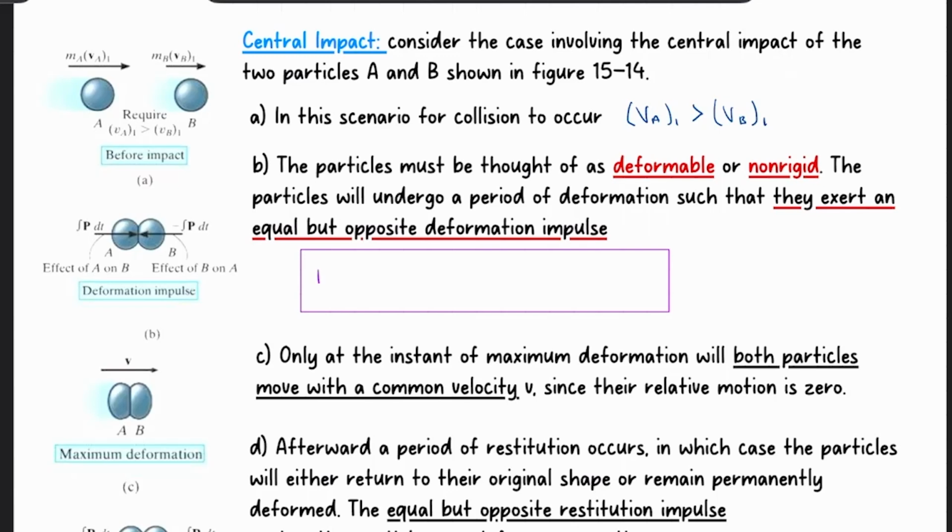So in this case, we have the deformation impulse, defined as the integral of P dt. That is what we have right there, where of course P we have already defined before.